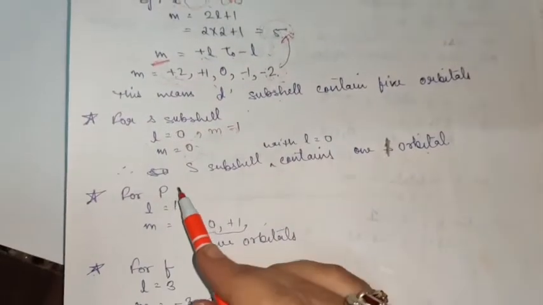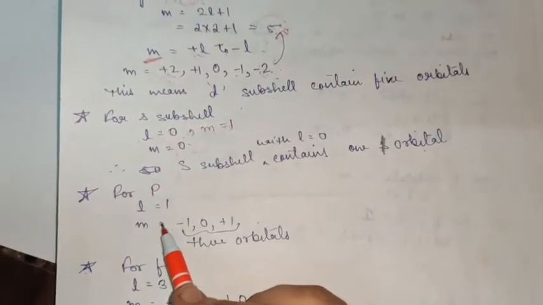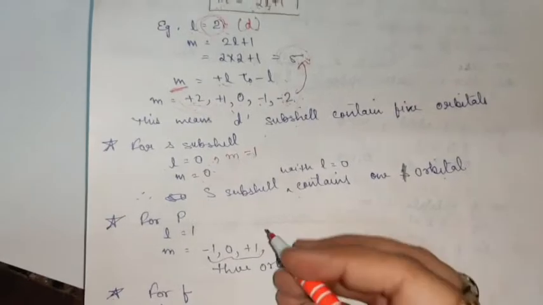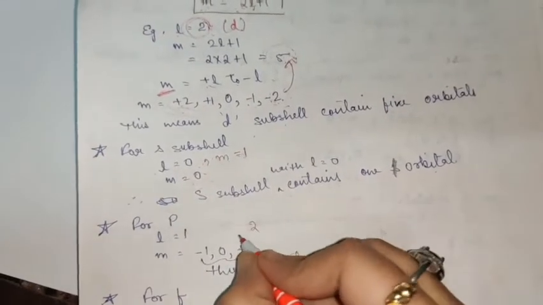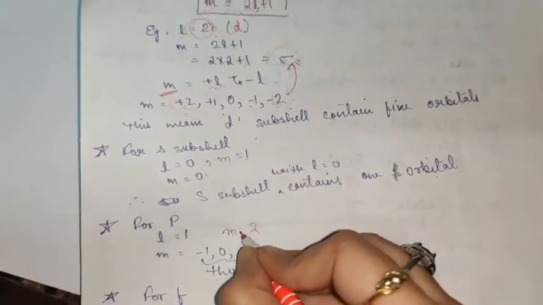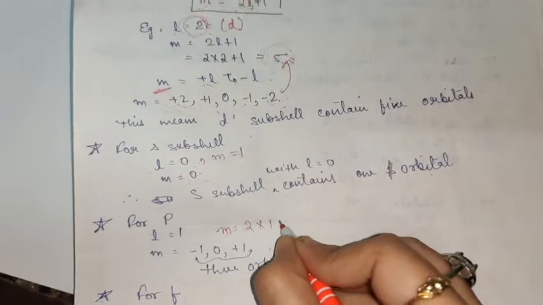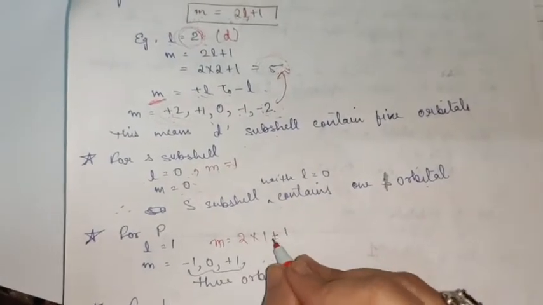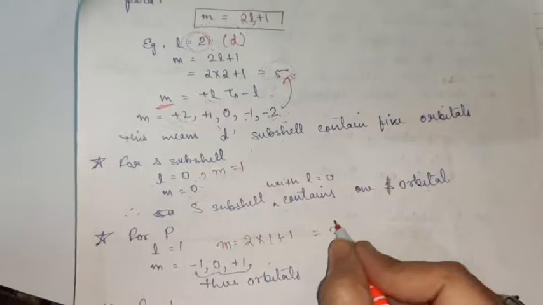For P, where L is equal to 1, the values of M possible are minus 1, 0, plus 1. And if you substitute the value to calculate the number of orbitals, it will be equal to 2 into 1 plus 1, which is 2 plus 1 equals 3. So how many orbitals does P subshell have?